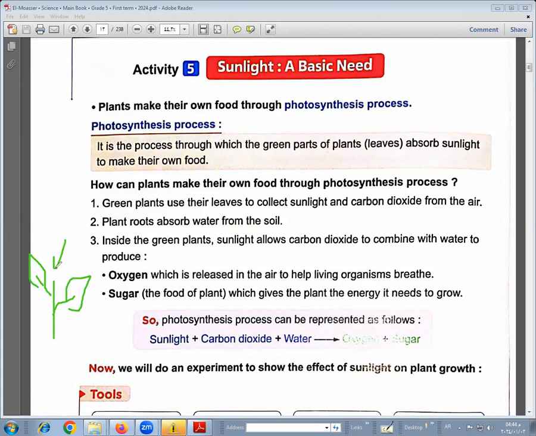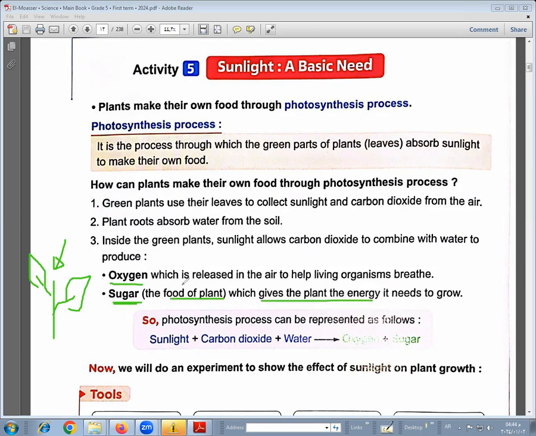If you ask this plant why you make photosynthesis, it will say, I make oxygen for you. And what else? I make sugar for me. The sugar for the plant is the food of the plant, which gives the plant energy.